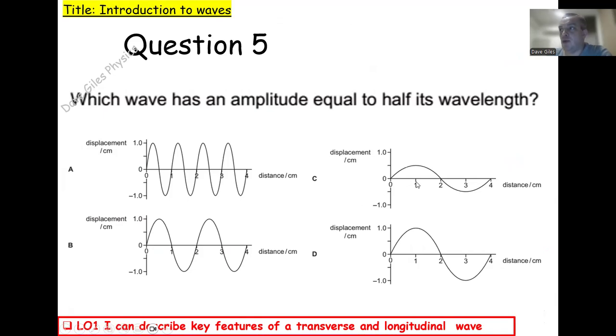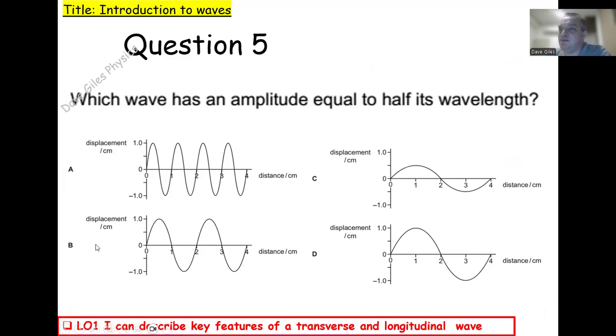We'll look at the next one. Here we have an amplitude of about 0.5 centimeter and a wavelength of 4 centimeters, so it's not that one. D has an amplitude of 1 centimeter and also a wavelength of 1 centimeter, so it's not that.